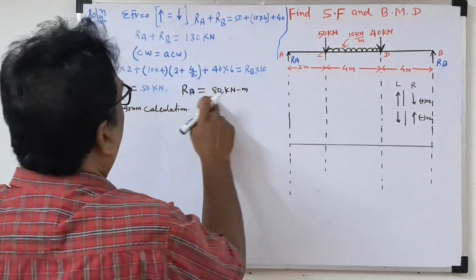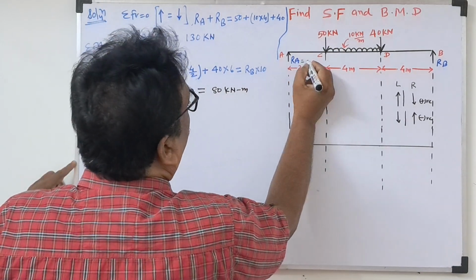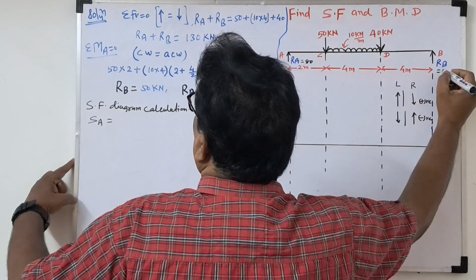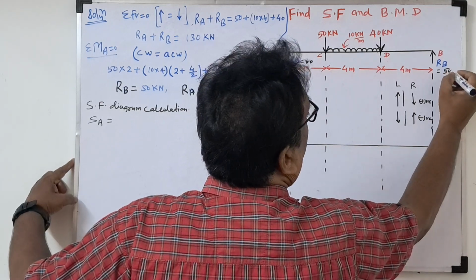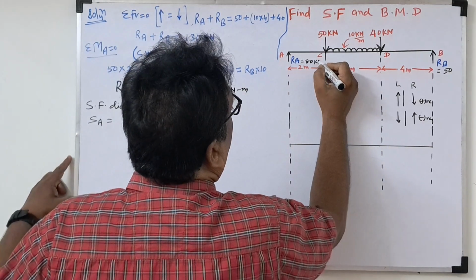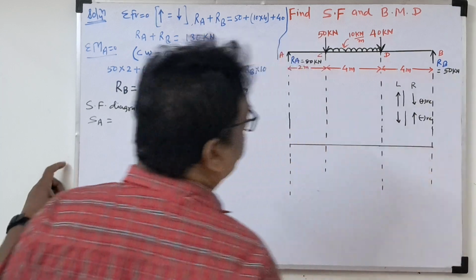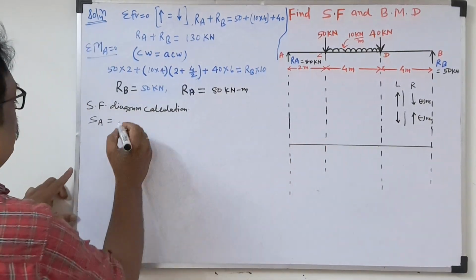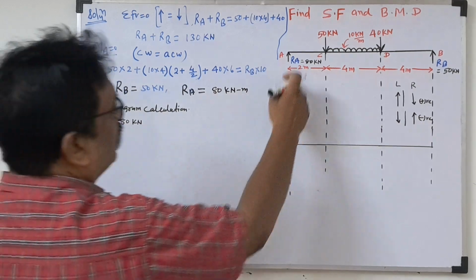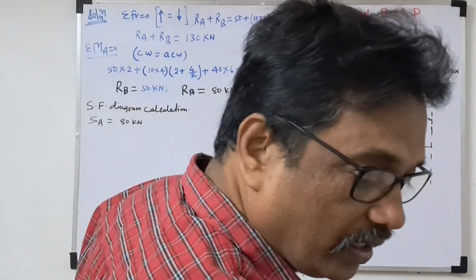RA is 80 kilonewton, and RB is 50 kilonewton. So SA is equal to 80 kilonewton, positive.